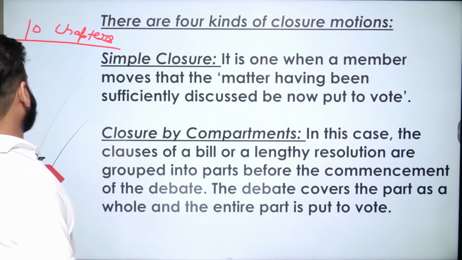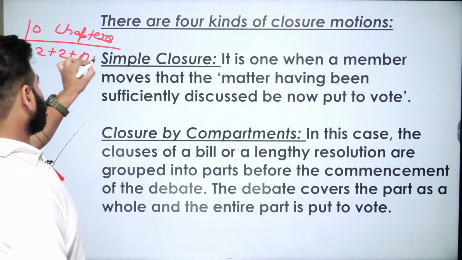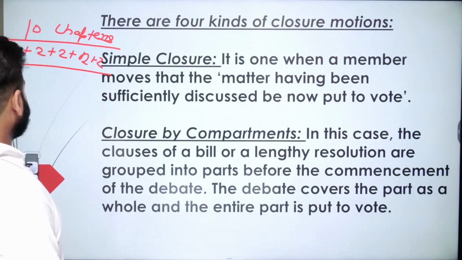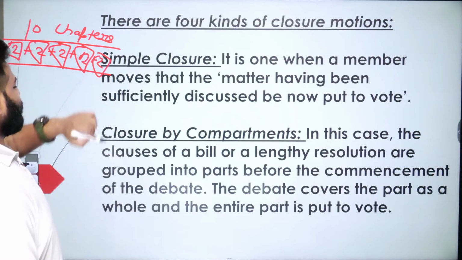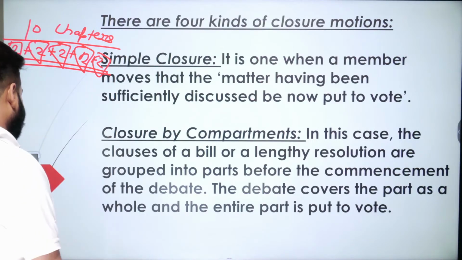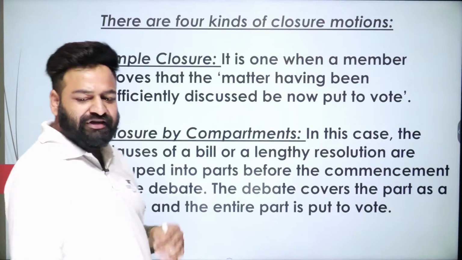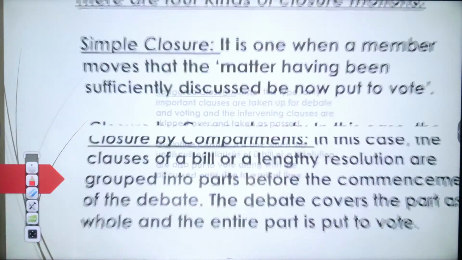Okay, so I have divided 2 plus 2 plus 2 plus 2 plus 2, 5. So 1 compartment, 2 compartment, 3 compartment, 4 compartment and 5 compartments. So I'll discuss the compartments, not each and every provision. Each and every provision is covered but in the compartment, that is in the group. That is known as closure by compartment.